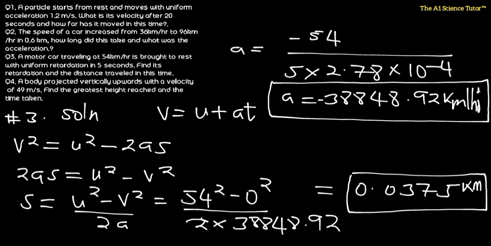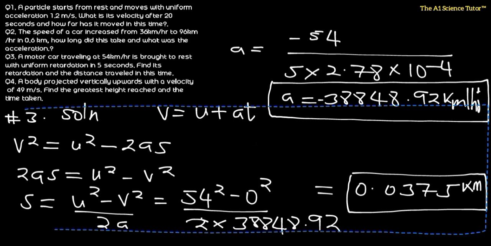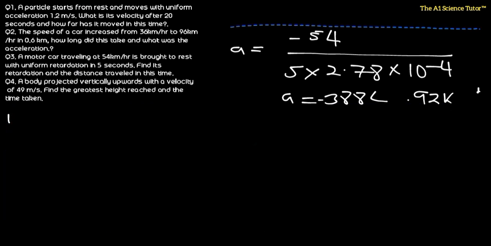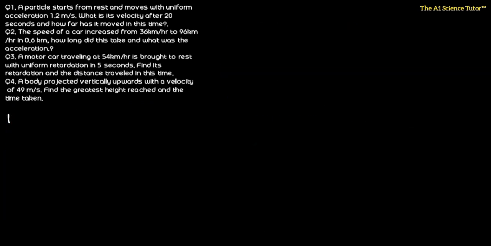Now let us find the answer to the fourth question. The fourth question says, a body projected vertically upwards with a velocity of 49 meters per second. Find the greatest height reached and the time taken.